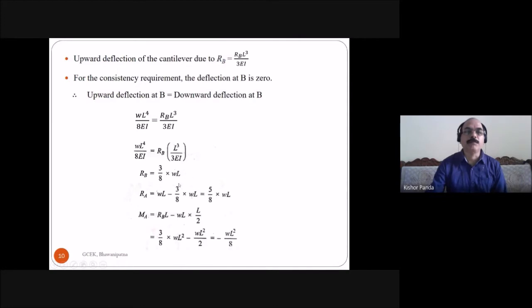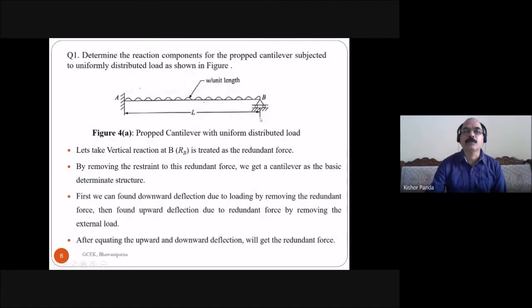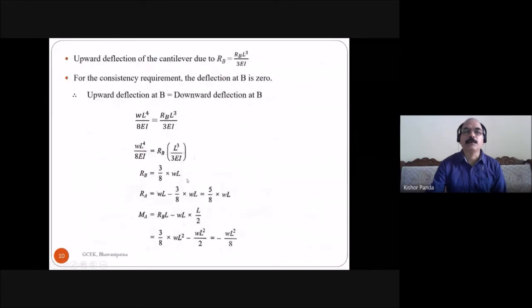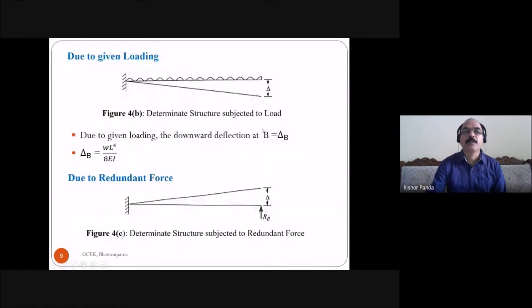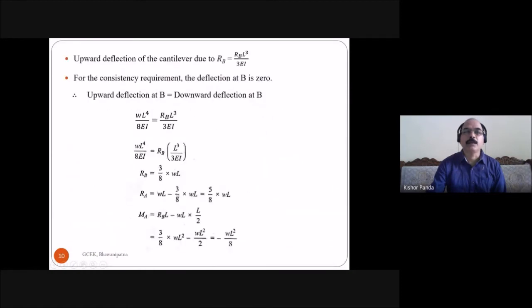After getting RB, the unknown redundant force, RB is 3 by 8 WL. Then you can find the reaction at A, RA. The total upward reaction is equal to the total downward force.